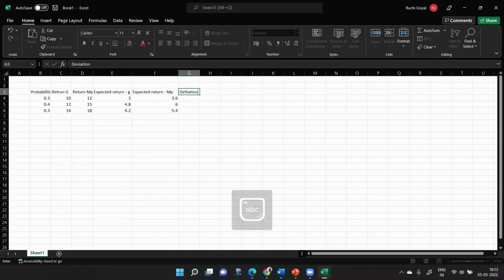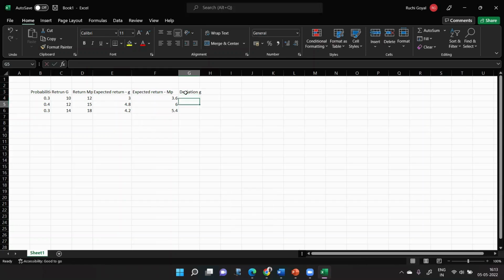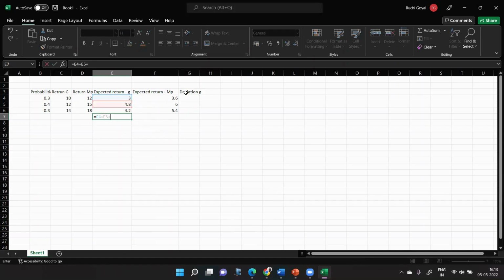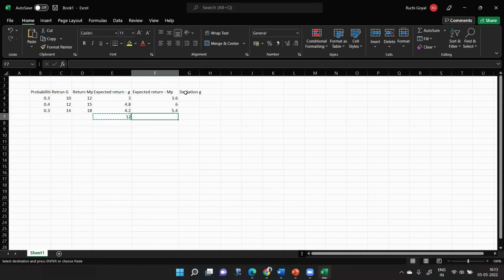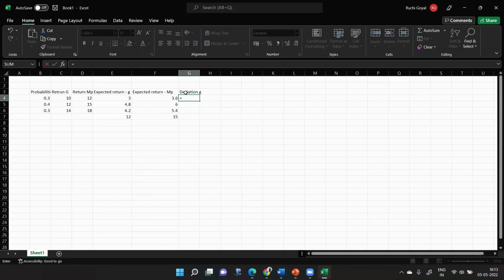Quickly calculate the deviation of G. How do you calculate the deviation? Go and check it out in the third chapter. How will we calculate the deviation? Okay, now we will be calculating the deviation.